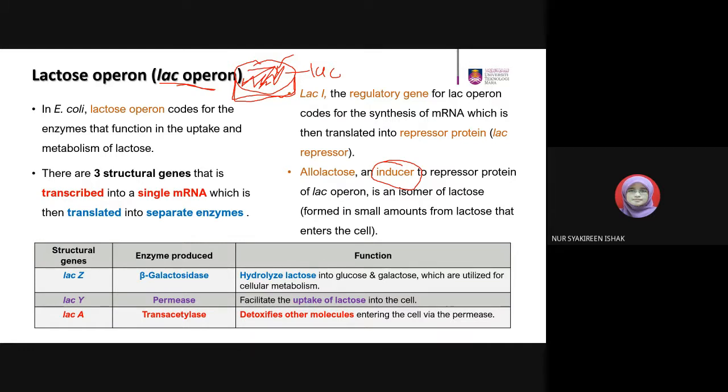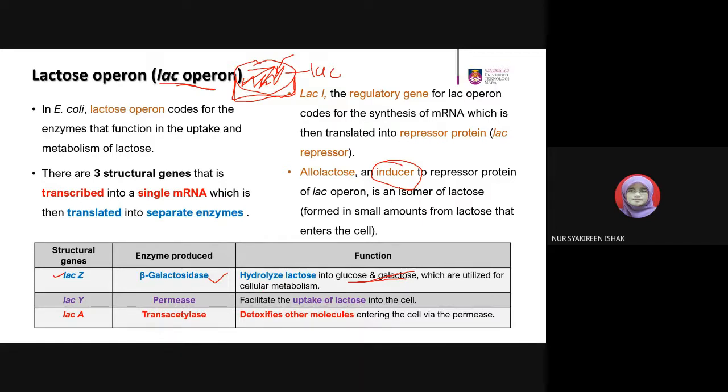Okay. So the structural genes here are lacZ. Ingat ya, turutan dia mesti start dengan lacZ. After the operator, you have the lacZ gene, you have lacY, and then lacA. So the function of the lacZ gene is to produce the enzyme beta-galactosidase. Okay, so the function of beta-galactosidase is to hydrolyze lactose into glucose and galactose, which are utilized for cellular metabolism.